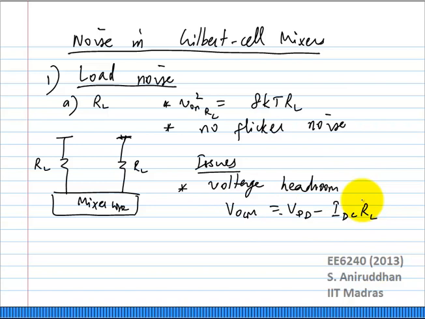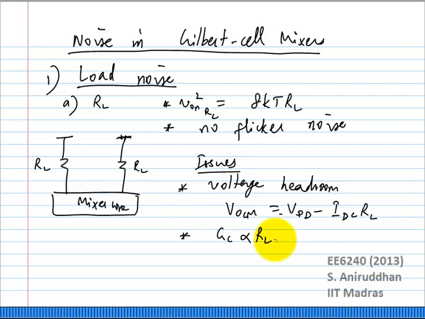The DC current affects both the transconductance as well as the output common mode. Okay? As I said, conversion gain is proportional to RL. You don't have independent control over all three parameters.